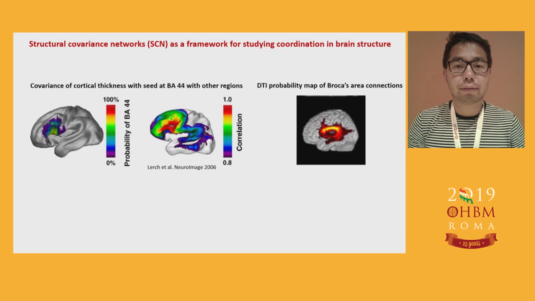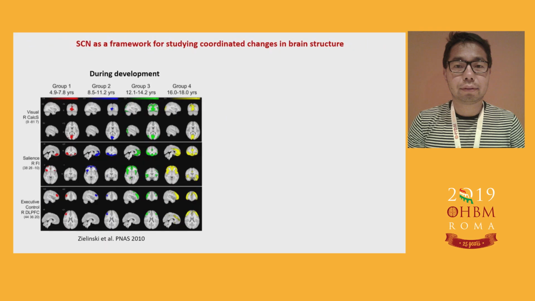This led to a field where an elegant example by Zielinski looked at structural covariance networks across development, for 4 age groups: early childhood, late childhood, early adolescence, late adolescence, and seeded at sensory motor areas, language areas, executive controls, and he showed these dramatic changes in the structural covariance networks during these 4 developmental groups.